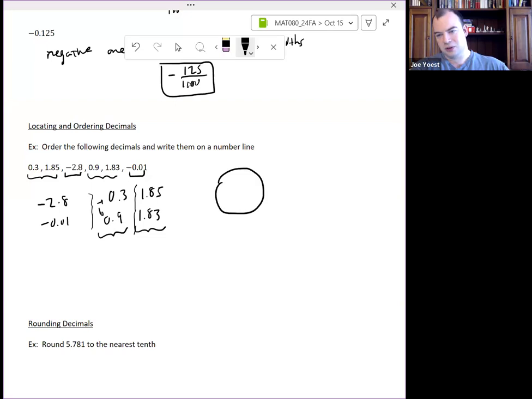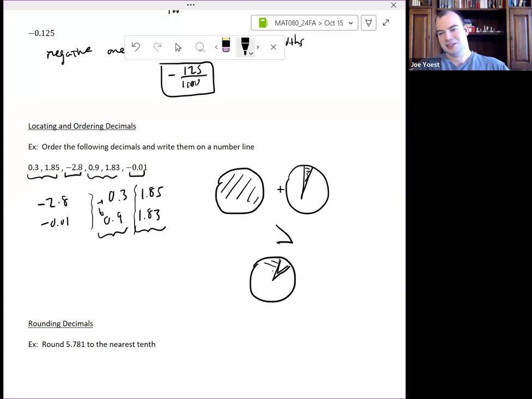So one whole pizza plus one tiny little slice is always bigger than a large fraction of pizza that doesn't quite make a whole, because the whole always wins out. These are like the worst slices of pizza ever. I would be fired as the pizza cutter. So if the number to the left of the decimal point is bigger, the decimal is a bigger number.